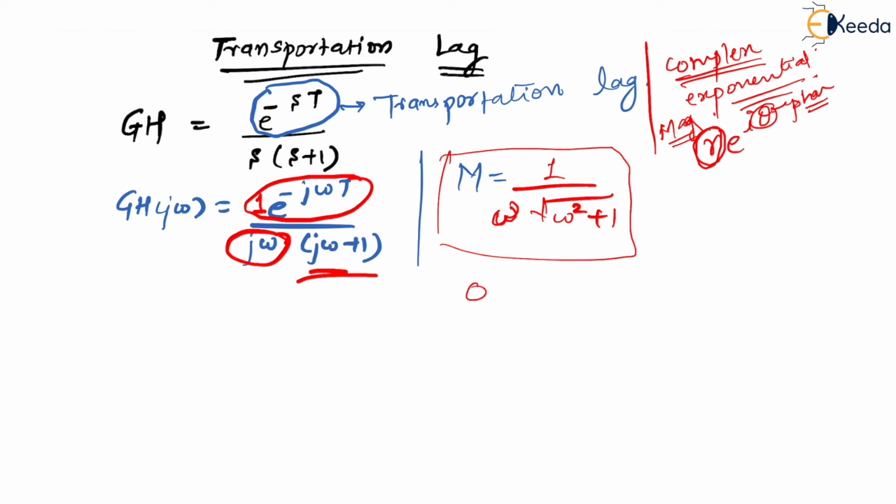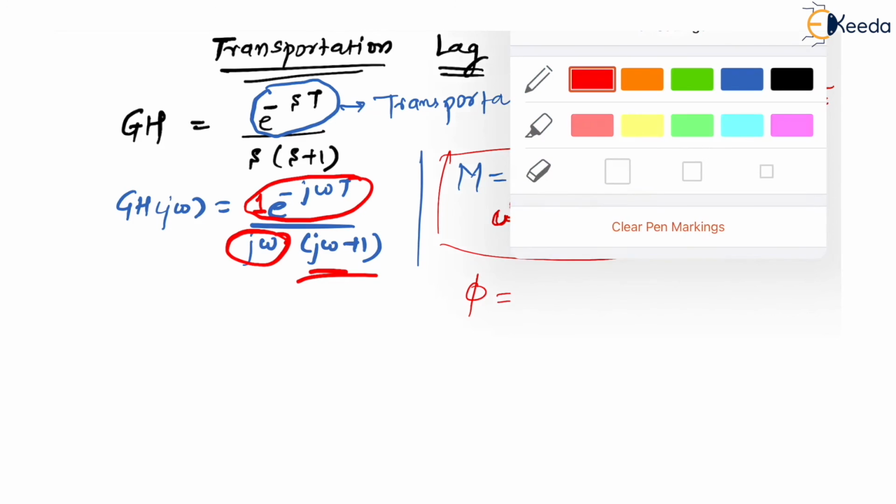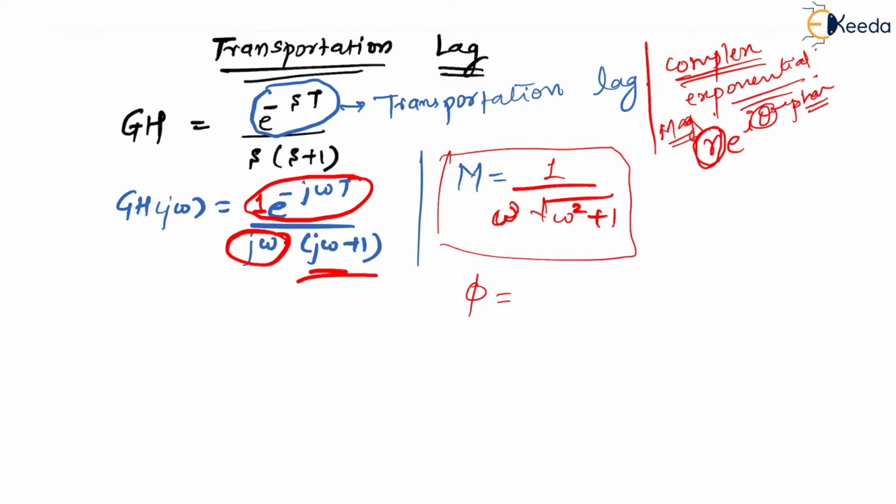Now let us think of angle phi. What is angle phi here? As I just explained, in r into e to the power j theta, theta is the phase, which is the number with j.